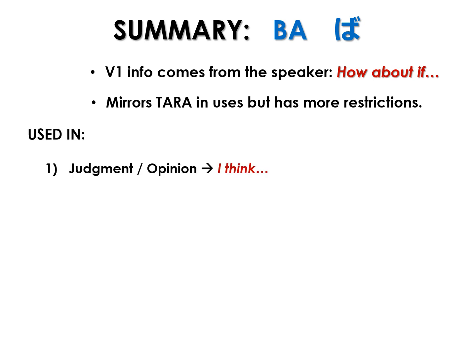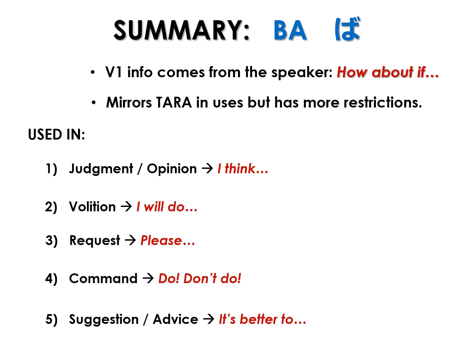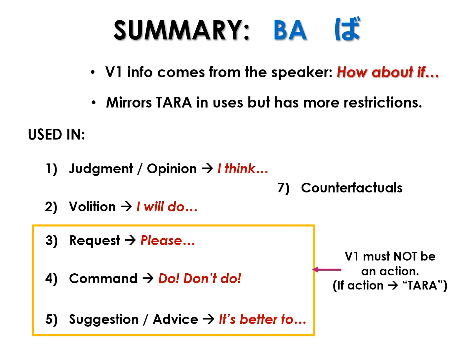Ba can be used to make judgments and opinions, express volitions, make requests, commands, suggestions, and advice, as well as express counterfactuals. The major restriction with ba is that when making requests, commands, and suggestions, V1 must not be an action. An additional function of ba, not found in tara, is the expression of regret.